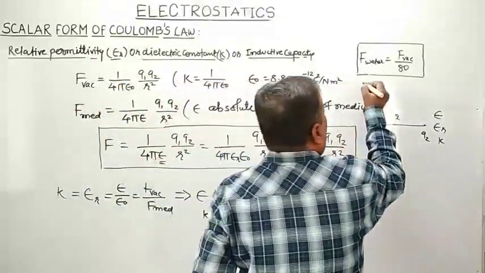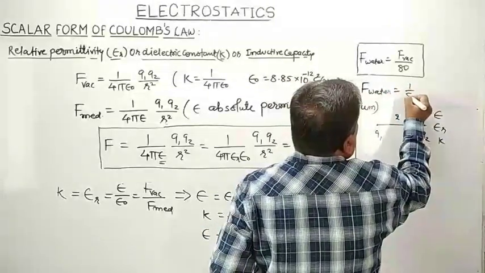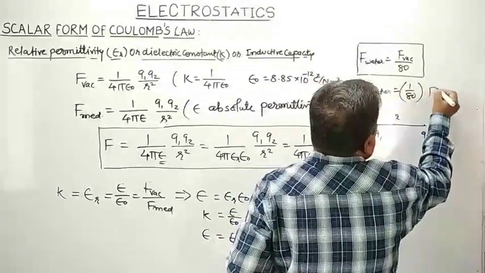Vacuum. See here what I want to say. F water is equal to 1 by 80 times F vacuum.